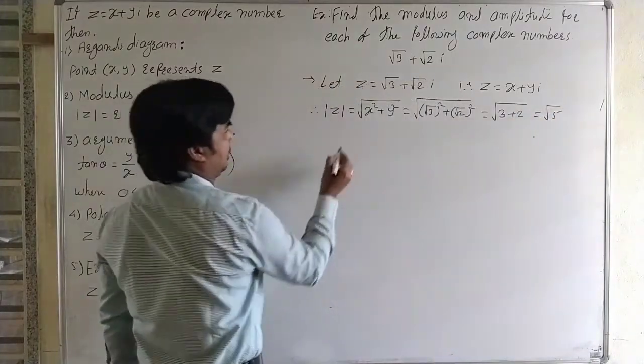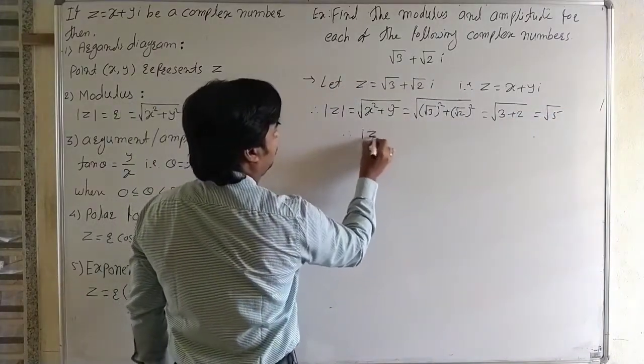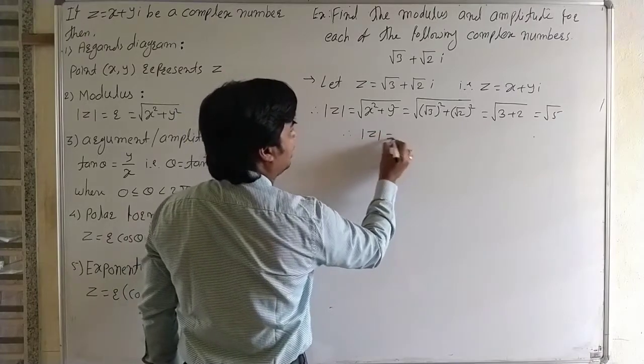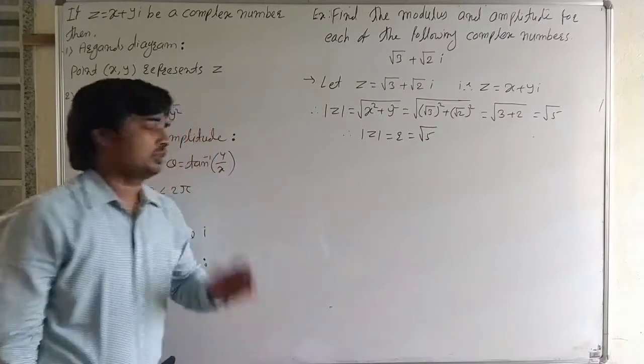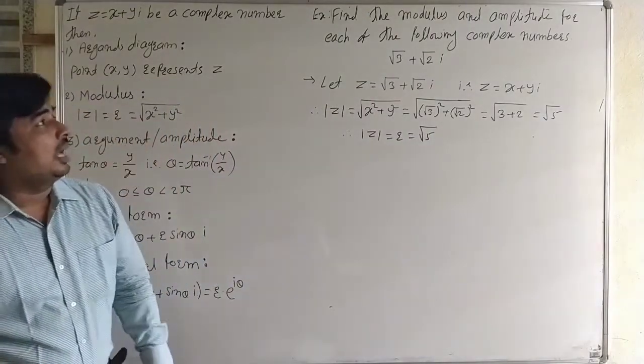Therefore, modulus of z, it is mod of z or it is r, it is under root 5. Okay, it is the modulus.